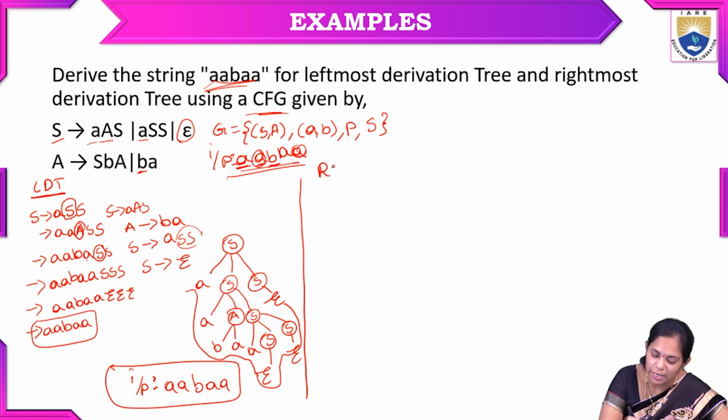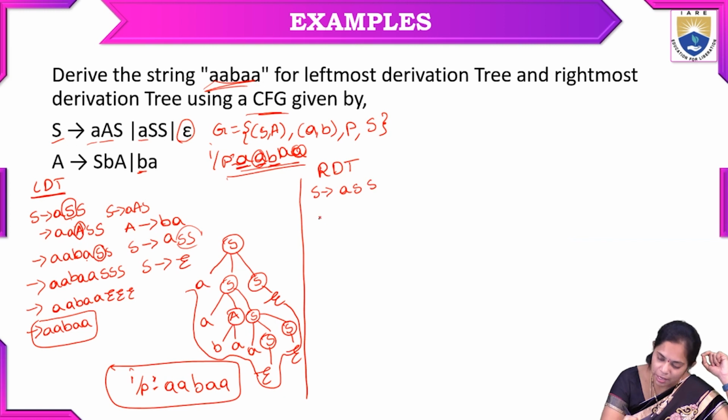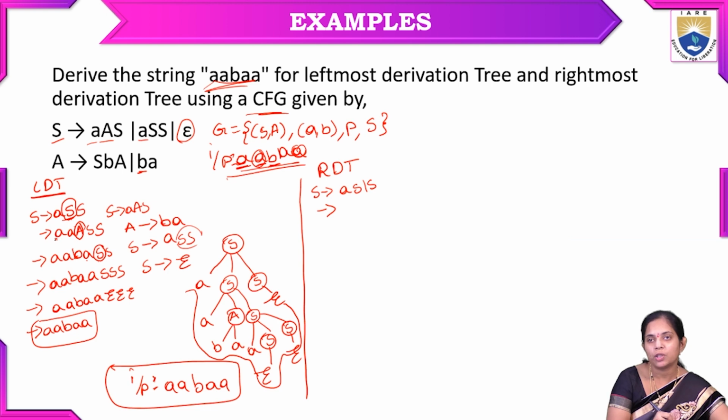So the rightmost derivation tree. The same steps apply: we take the input string, S, S. What is the difference between the leftmost and rightmost derivation? In the leftmost derivation we take the leftmost symbol in the production rule, and in the rightmost derivation we take the rightmost symbol.